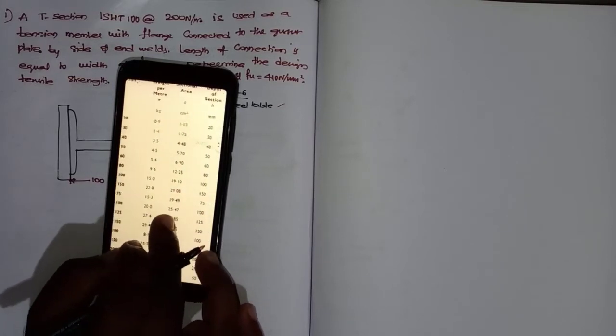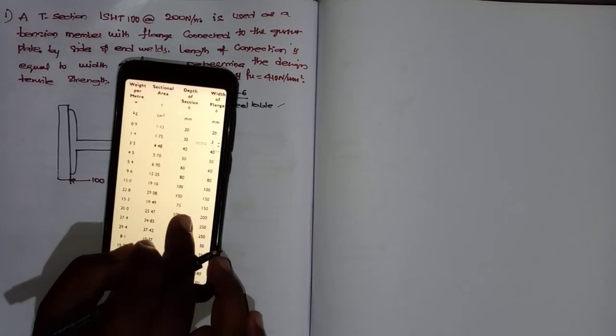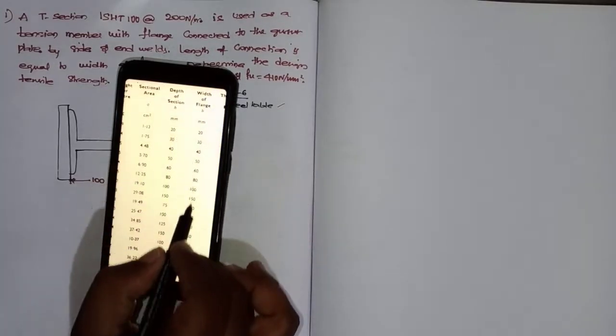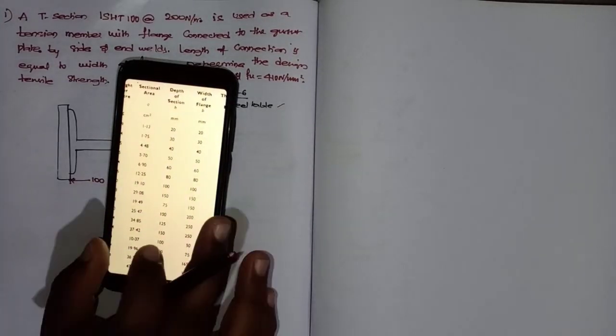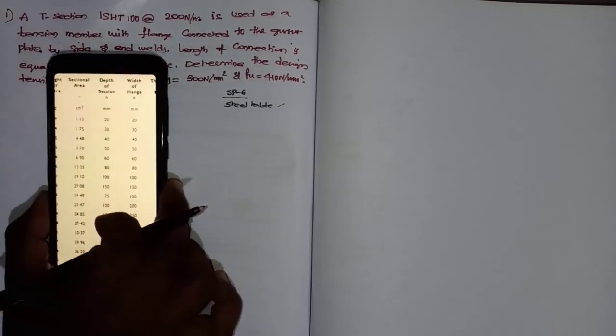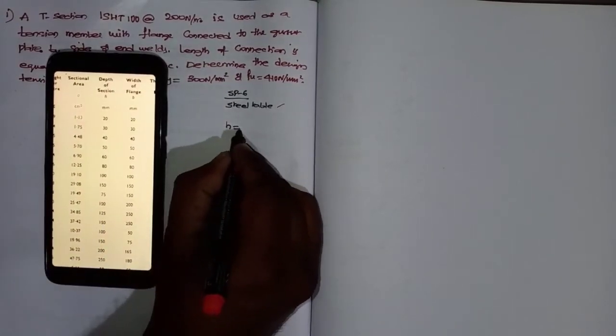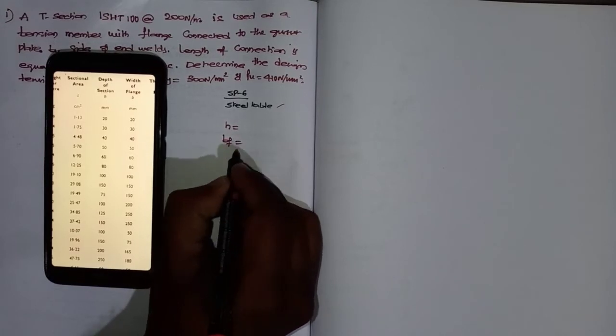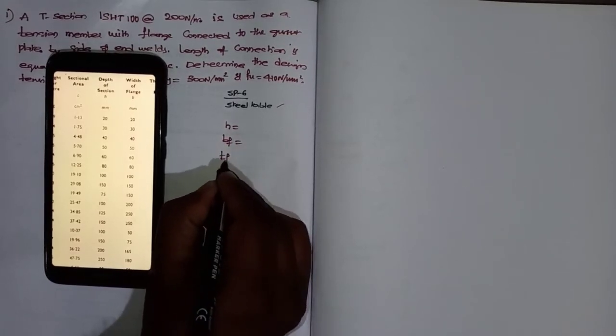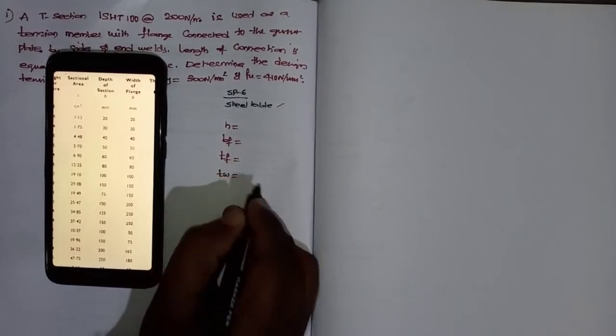Now what is the sectional area? Now the depth of section, the width of flange. We require only three things. What are these things? H, the width of flange BF, the thickness of flange and the thickness of web.